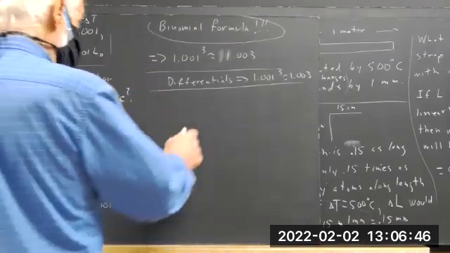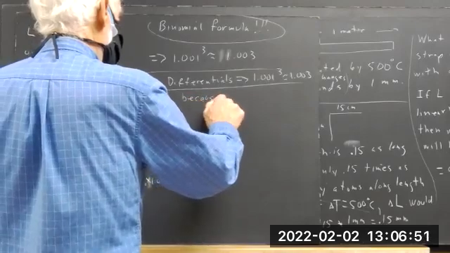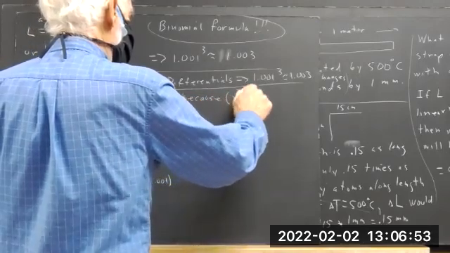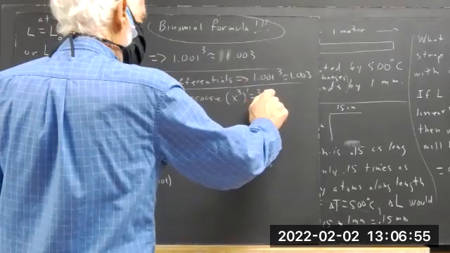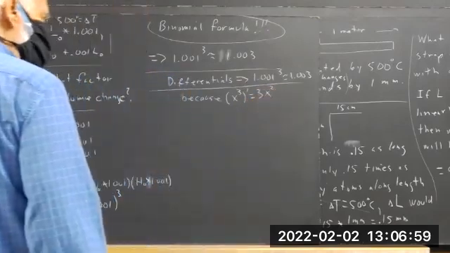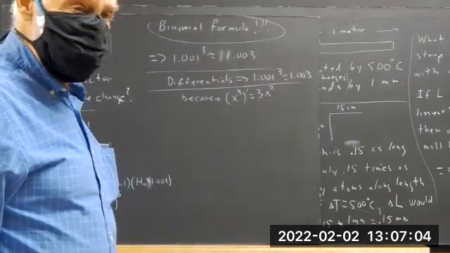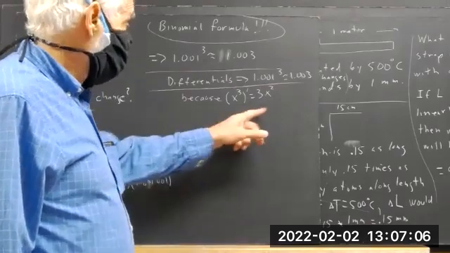The way it works out is x cubed prime equals 3x squared. There's your 3.